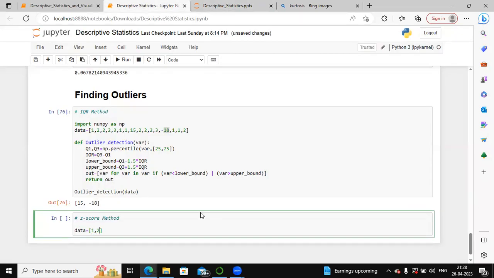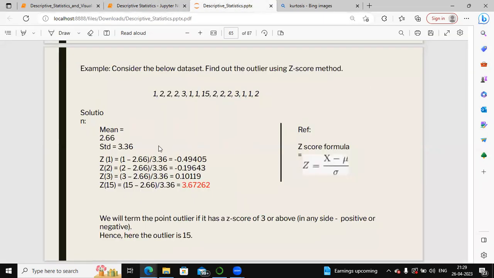It's 1, 2, 2, 2, 3, 1, 1, 15, 2, 2, 2, 3, 1, 1. So this is the data.